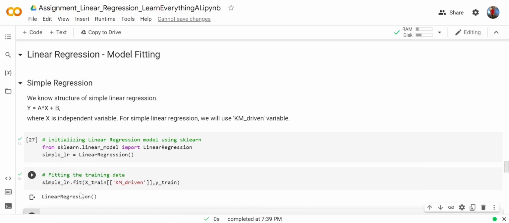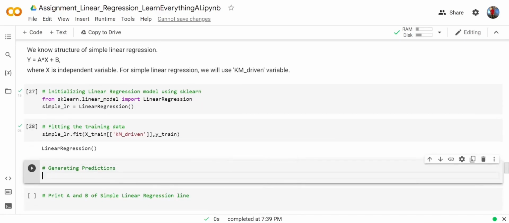So the confirmation is given to us: our linear regression model is properly fitted with the kilometers driven variable as the independent variable and the y_train, which is our price.